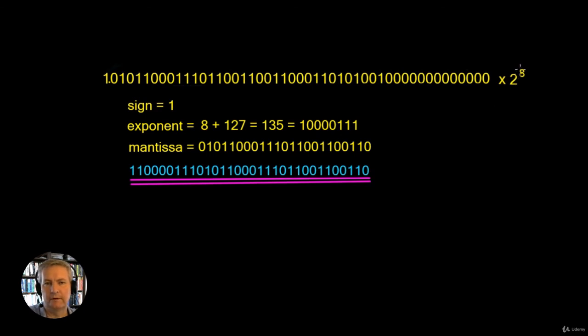So to get the final exponent value, we have to add the value of 127 back on. So we add 127 back on, we get the value of 135, and this here is the final exponent value. Now the mantissa value is going to be the first 23 bits after the decimal point.